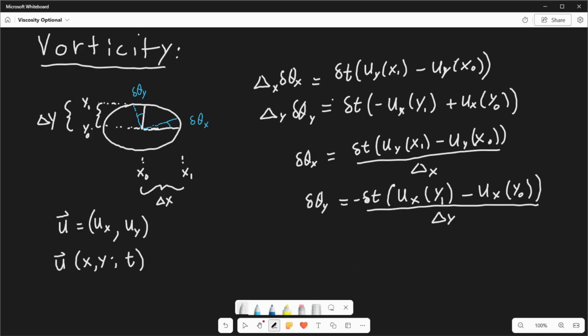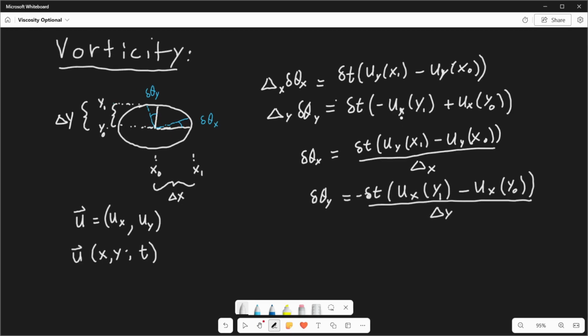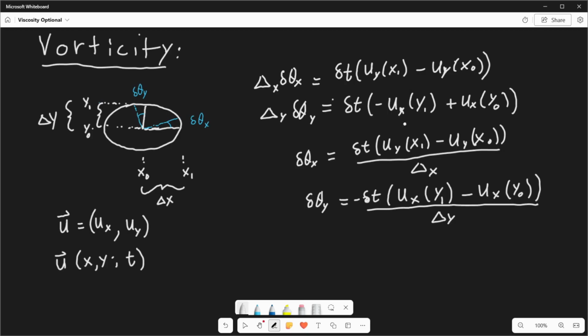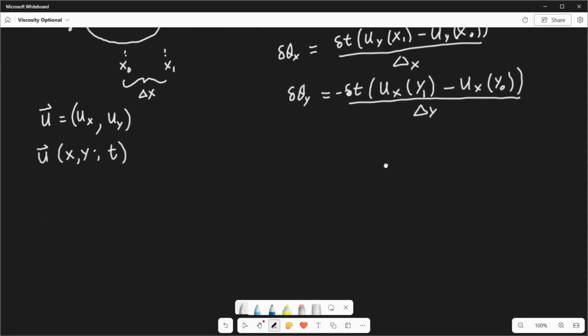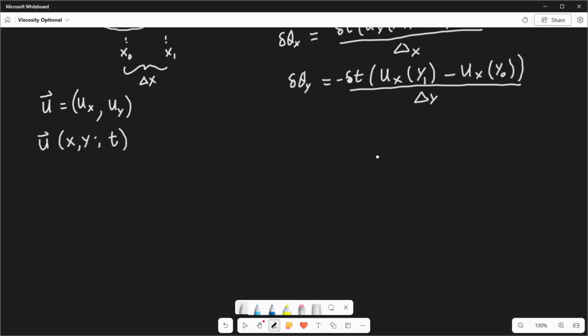So then you basically use an approximation to go ahead and rewrite this in terms of the partial derivatives. So the next thing to observe is that these things are basically partial derivatives, and I'm just going to do this for one side.